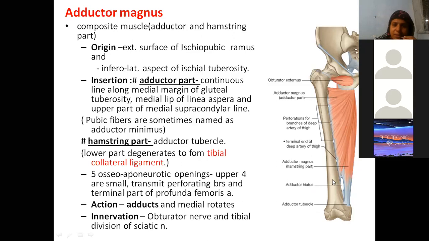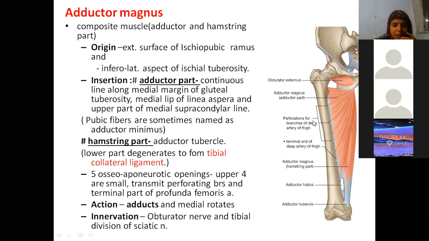adductor tubercle is the insertion point, and the lower part is degenerating and forming the tibial collateral ligament, which is actually part of the knee joint. We will study, as we proceed, knee joint, hip joint and all. So tibial collateral ligament, you please remember, it is a degenerated part of the tendon of the adductor magnus.